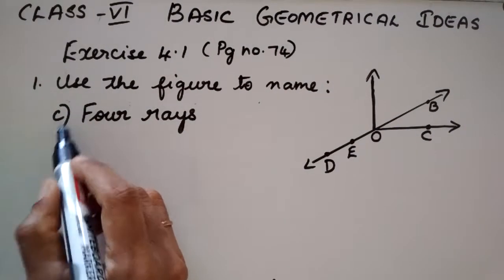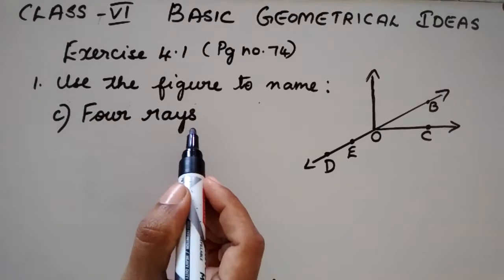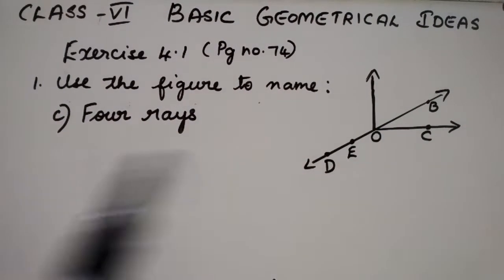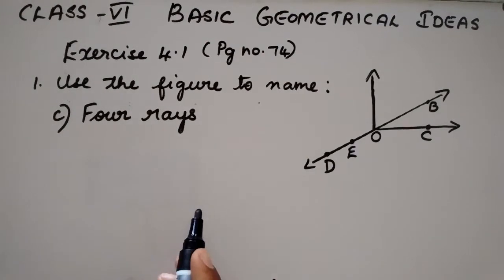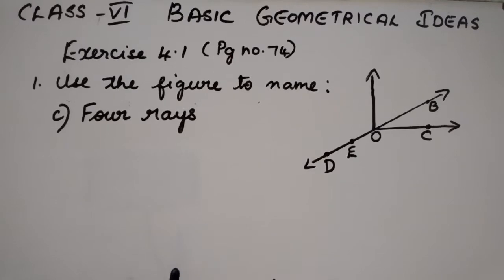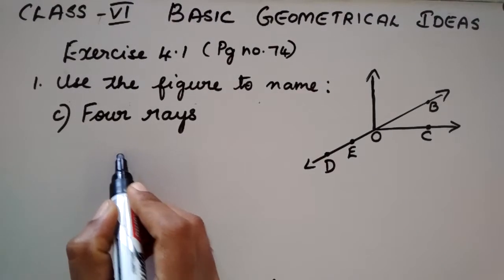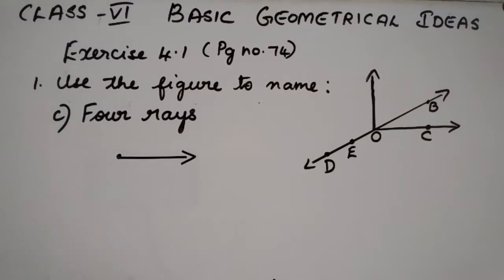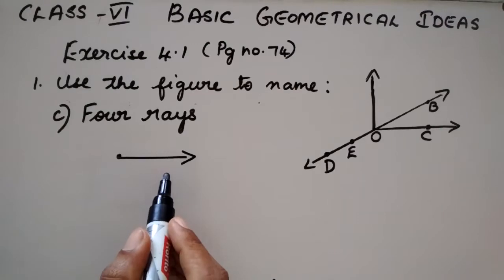Next, C, 4 rays. We need to find 4 rays in this figure. So what is a ray? Ray has one fixed point at one end and it extends at the other end. So this is a ray.